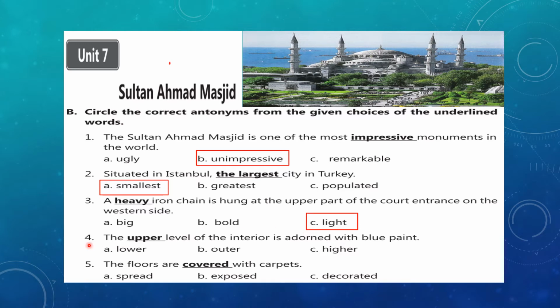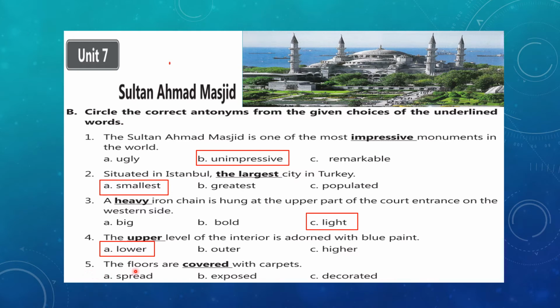Fourth sentence. The upper level of the interior is adorned with blue paint. Upper is the word that is underlined and we are going to find its antonym. Options are A, lower, B, outer, C, higher. And the correct option is A, lower. Last sentence.